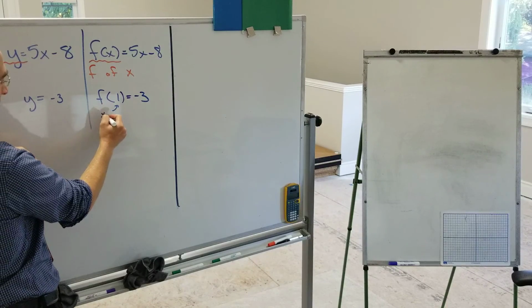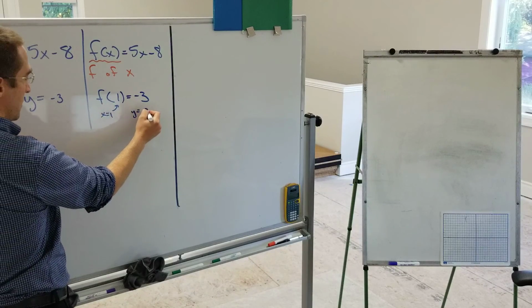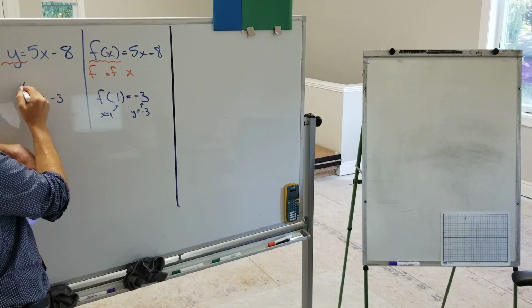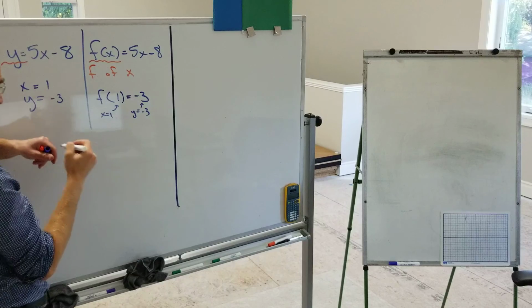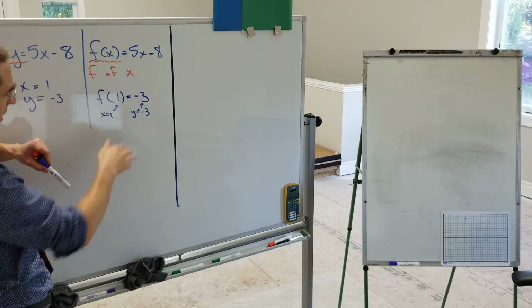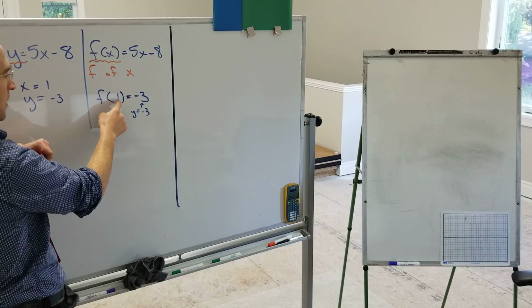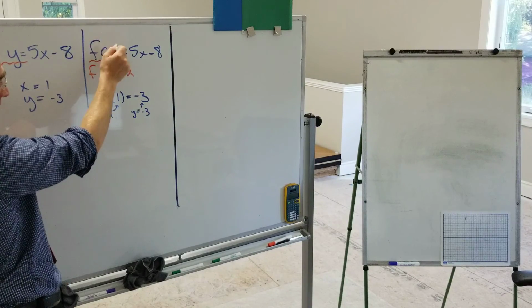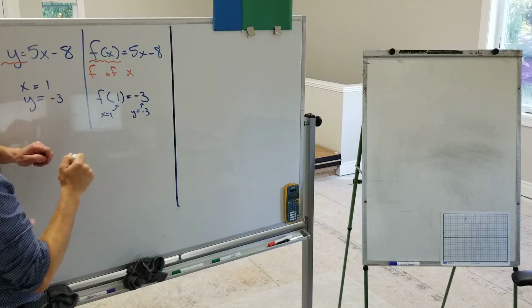Here this is saying x equals 1, y equals negative 3, all in the same answer. Where otherwise I'd have to actually write that out, x equals 1, comma, y equals negative 3. So function notation gives us information about x when we're talking about the y's. And remember just that f of x is replacing the y.